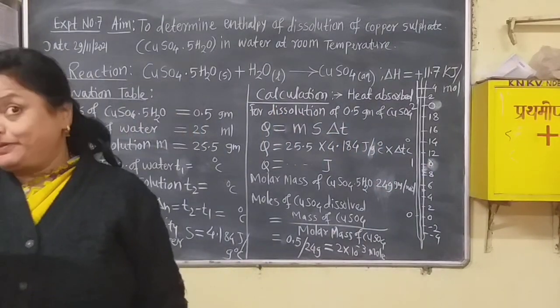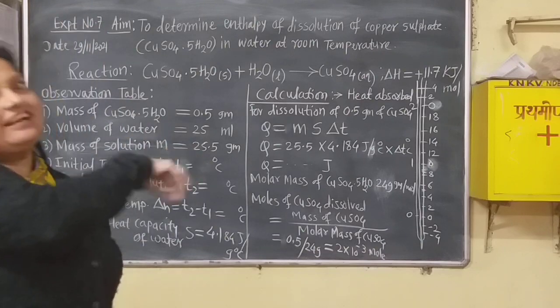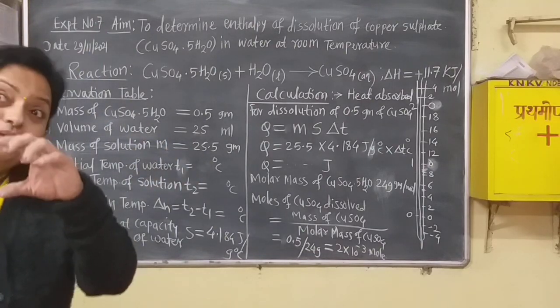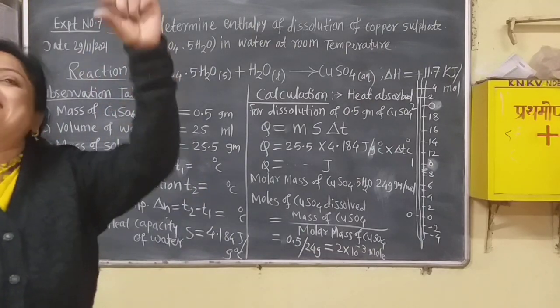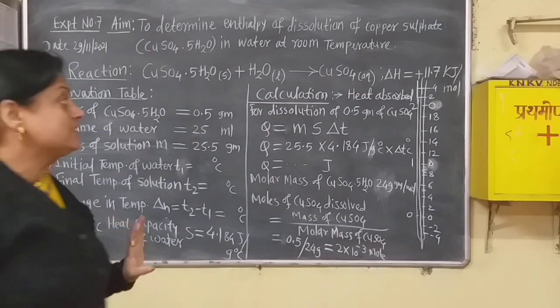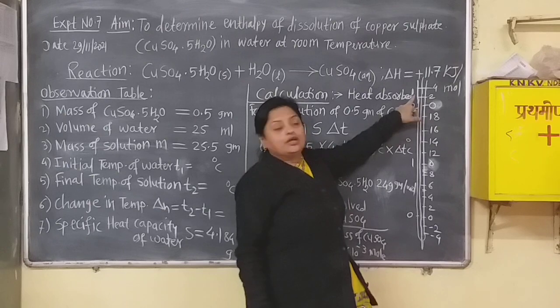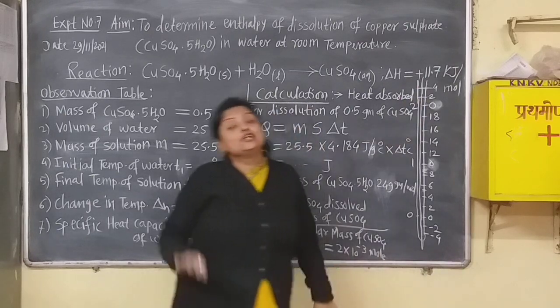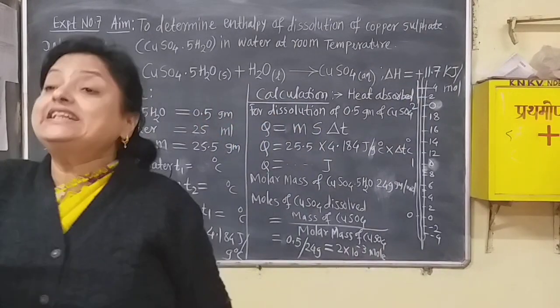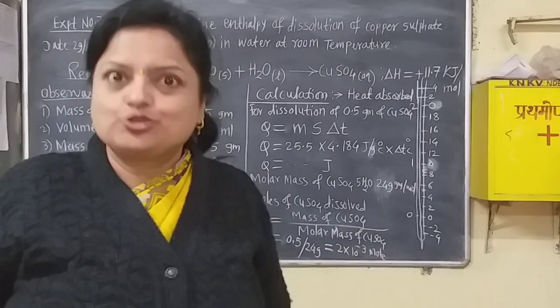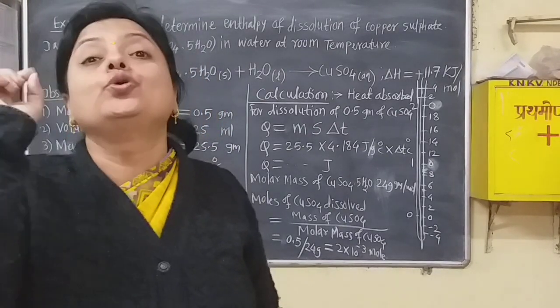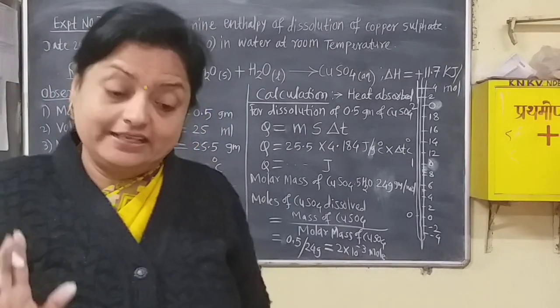Remember, 30 is 3 here and 0 there. And in between, 2, 4, 6 and 8. That means about this is 22. Up to 4 is 24. And in between there are 10 lines. So one line is 0.2 degree centigrade.